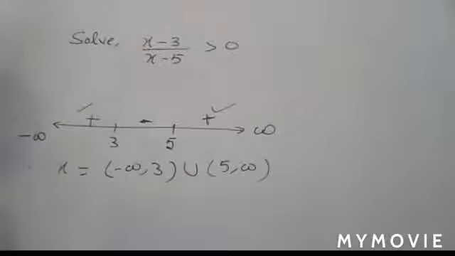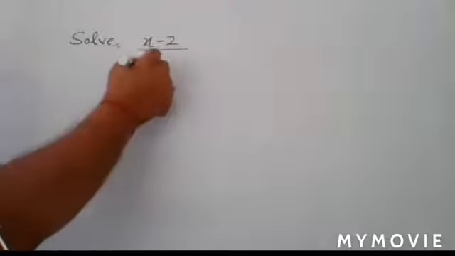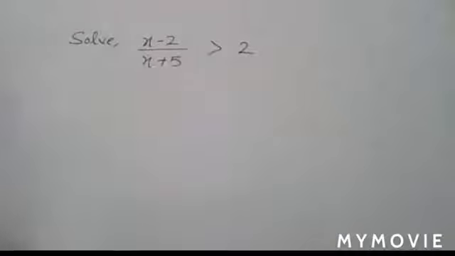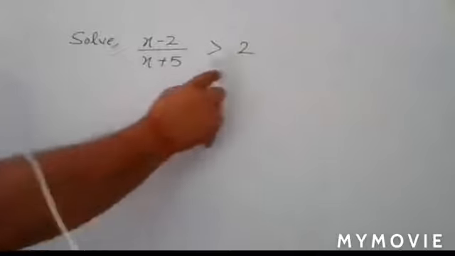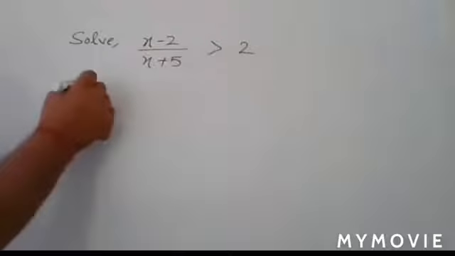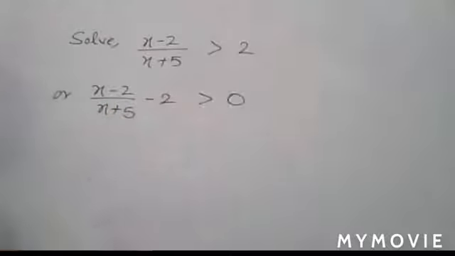Yes, sir. Okay, so you try to solve the next question. Solve (x minus 2) upon (x plus 5) greater than 2. Here also you have to apply the same method. So what do you do? Transfer 2 to the left side, take the LCM and simplify it. So (x minus 2) upon (x plus 5) minus 2 greater than 0.